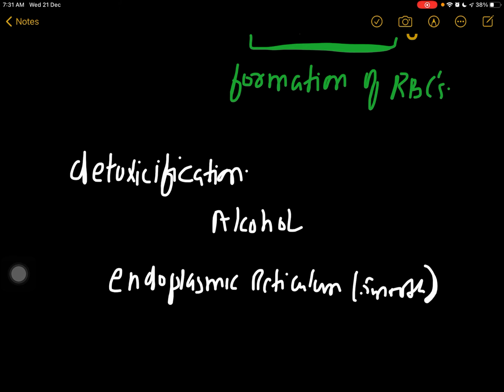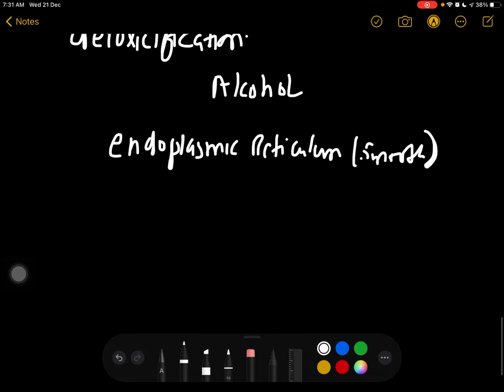Next, the liver also works in thermoregulation. We know that liver is the largest metabolic organ, all the metabolic activities occur in liver, so obviously heat will be produced, so this organ works as a thermoregulator.